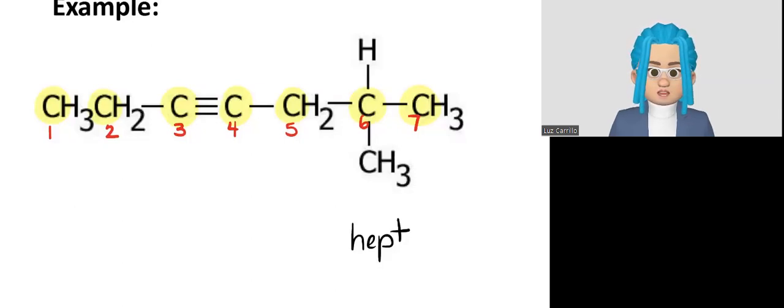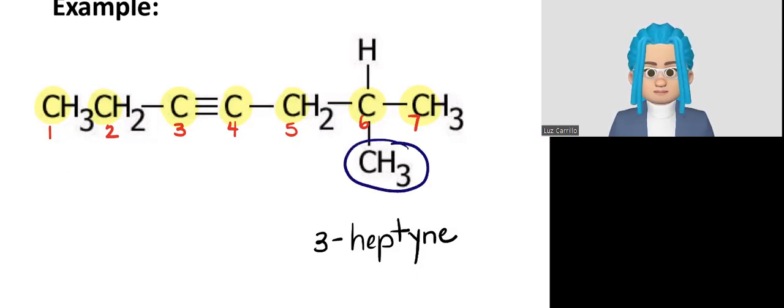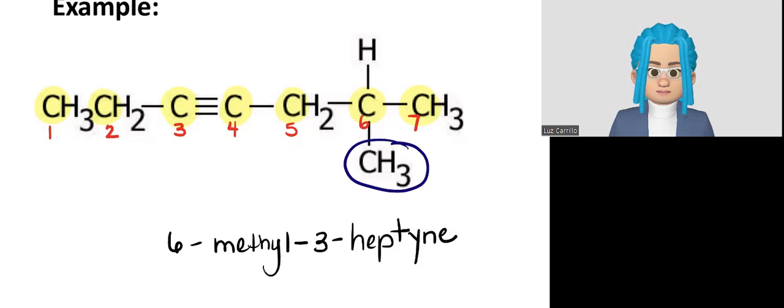Because I have 1 carbon-carbon triple bond, this is heptyne. The first carbon atom that is holding that triple bond is carbon 3. And then I have only one substituent on carbon 6, which happens to be a methyl group. You can see it right here. So this is 6-methyl-3-heptyne.